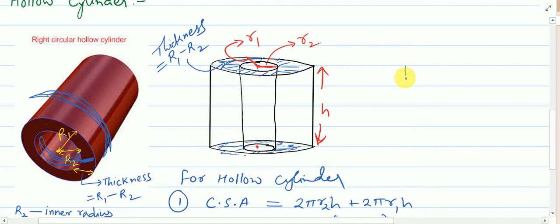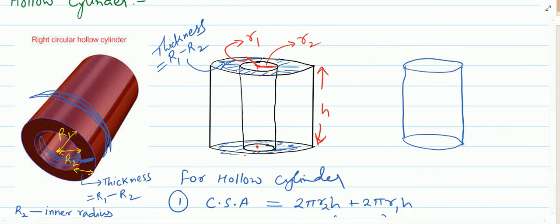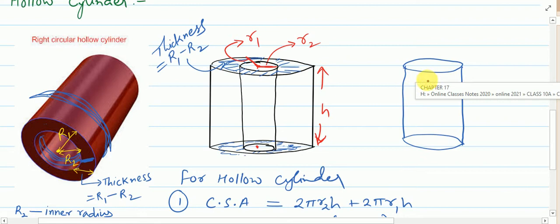So here, let's say I have a hollow cylinder. So this is your hollow cylinder. So when we are talking about total surface area, at that time we are considering this area also. You have to consider this area, this area.